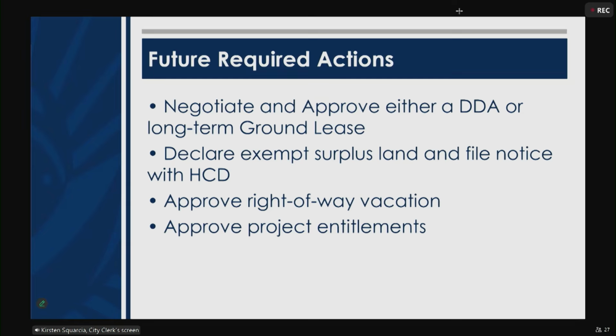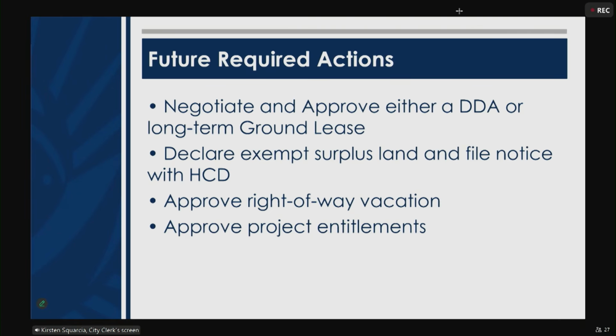We will also approve the right-of-way vacation to meet the street vacation requirements, and then approval of project entitlements that are tied to this project. With respect to this particular project, the intention is to submit all of these items for approval from the council concurrently. That may change in the future, but that's currently the plan.